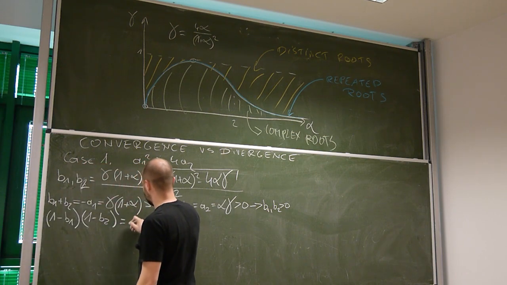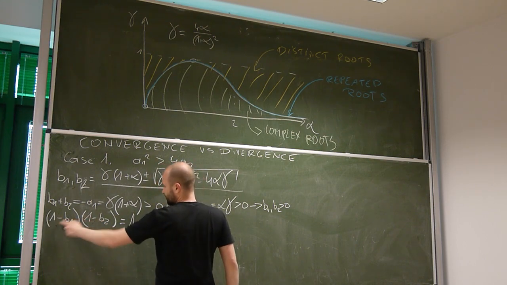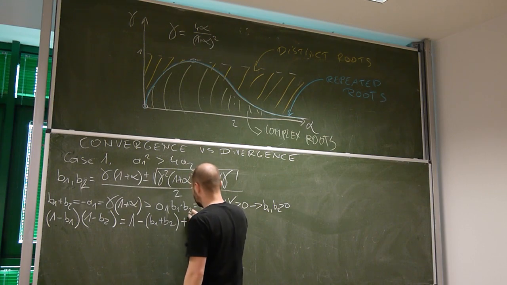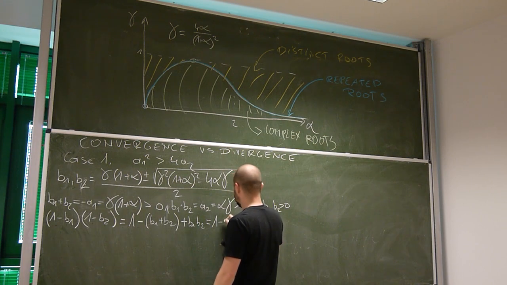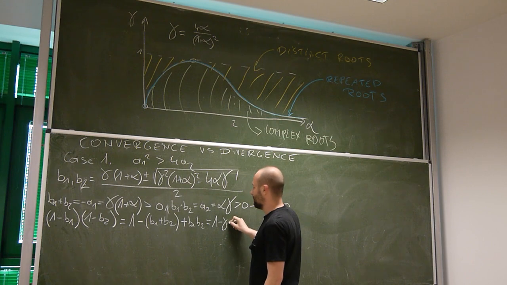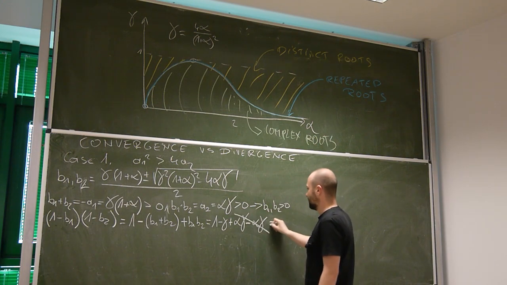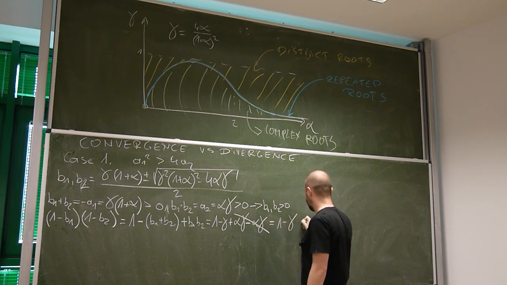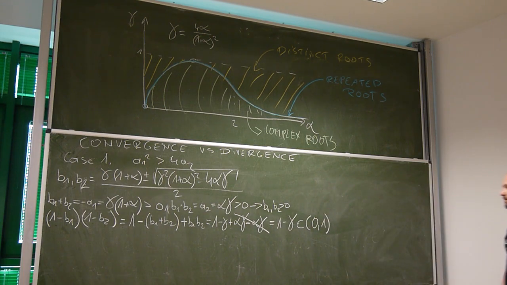Well, I will get 1 minus b1 plus b2, and plus b1 times b2, which gives me 1 minus, multiplying it out, gamma plus alpha gamma minus alpha gamma. Those two cancel each other out. We've got 1 minus gamma, which is definitely between 0 and 1.